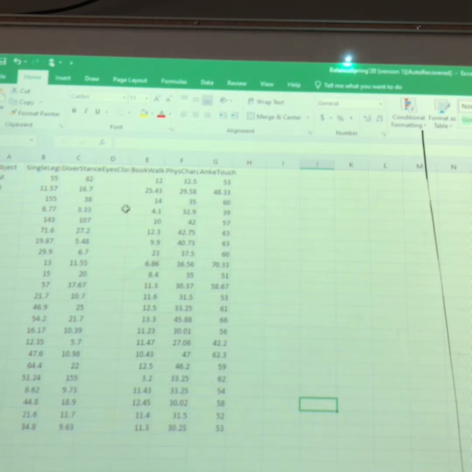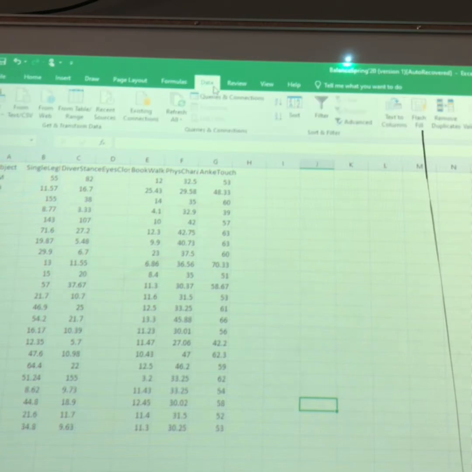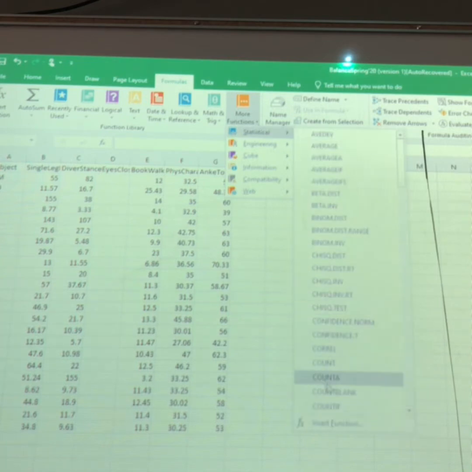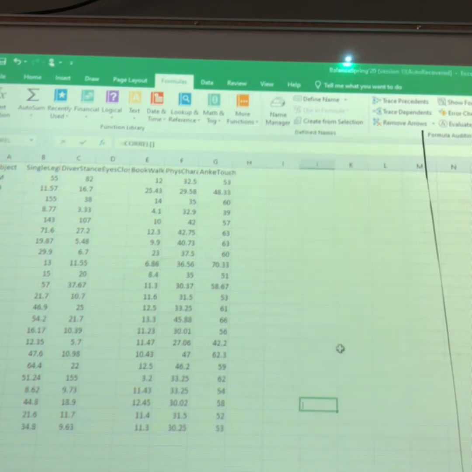So if we're in Excel, and we go up here to data, sorry, it's a little bit different on this one than on my computer. So this one's under formulas. If we go to formulas, more functions, statistical, and down here under the statistical category, we've got CORREL, right? That gives us our correlational value.